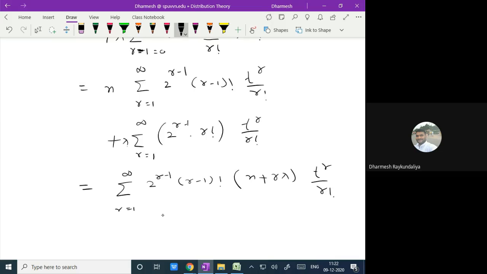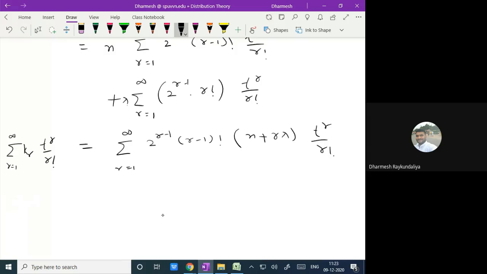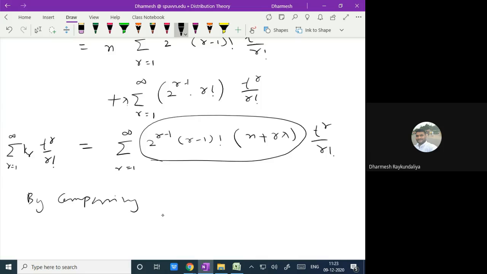If you compare summation r equal to 1 to infinity k_r t raised to r upon r factorial, left hand side equal to right hand side, so you will get k_r equal to this quantity by comparing the coefficients of t raised to r upon r factorial.